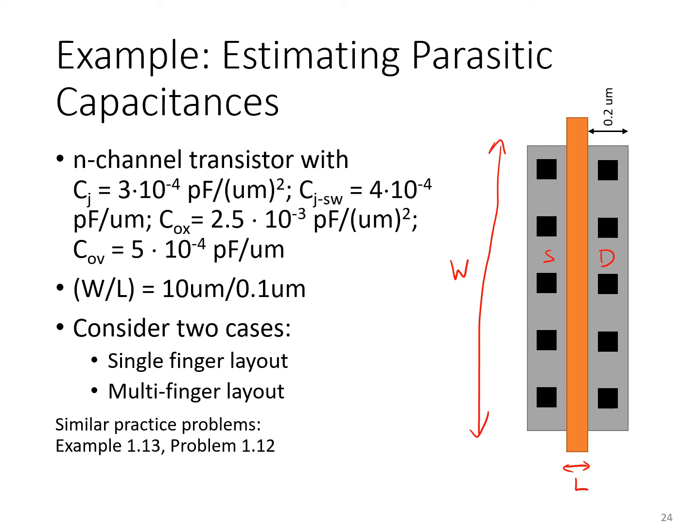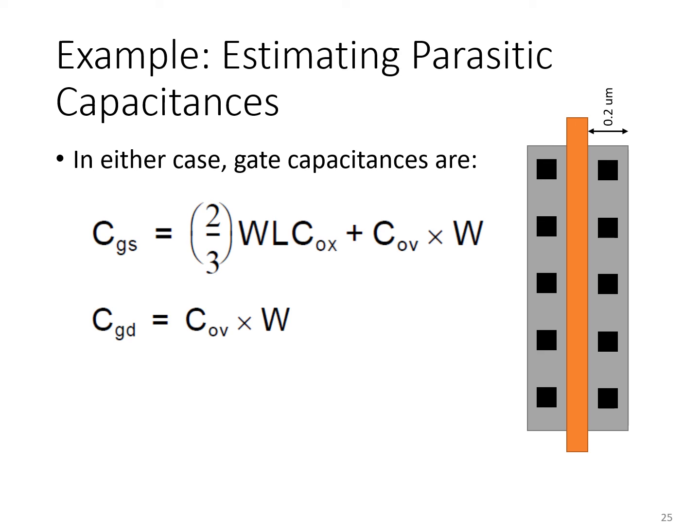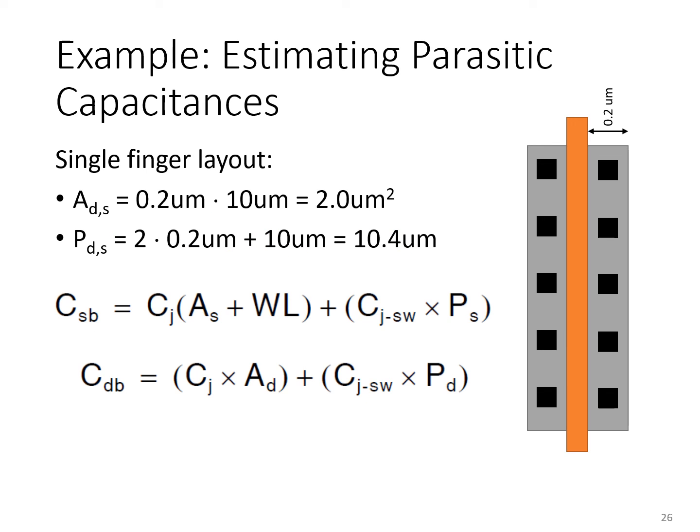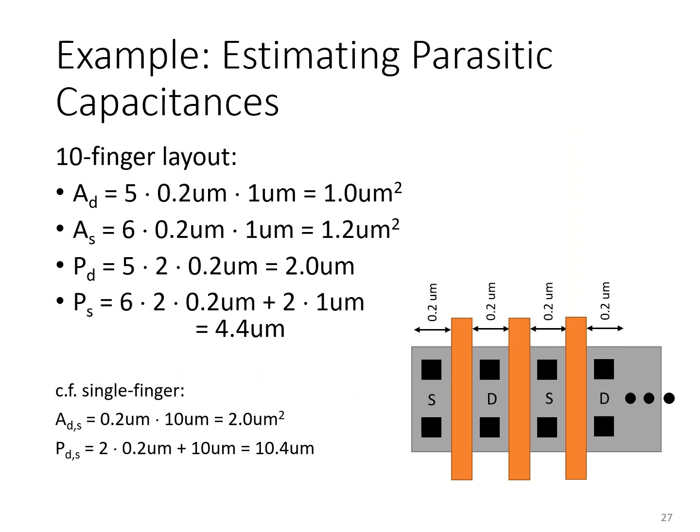And so this is the simplest geometry we might expect to realize the transistor with that specified value of W and L. Based on the dimensions of all the junction areas and the gate area itself, we can go and find all the parasitic capacitances associated with a high frequency model. Some components will depend on the area of the source and drain junction. Some will depend on its perimeter.